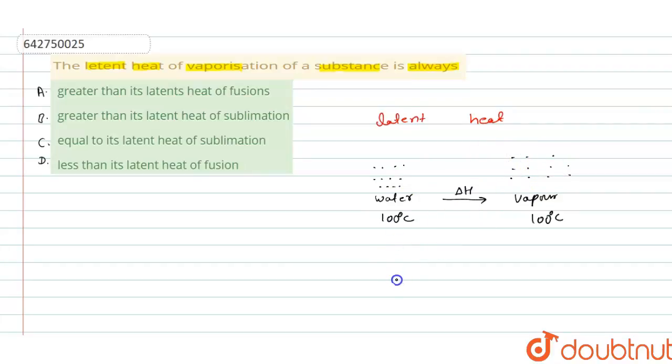Similarly, we can say within the ice. Ice is at 0 degrees centigrade, and ice can convert into water at 0 degrees centigrade if it gets sufficient heat. This sufficient heat we call latent heat.